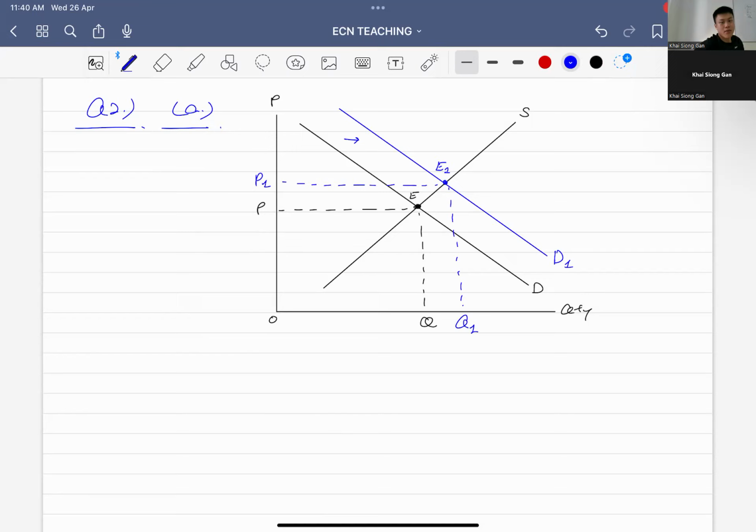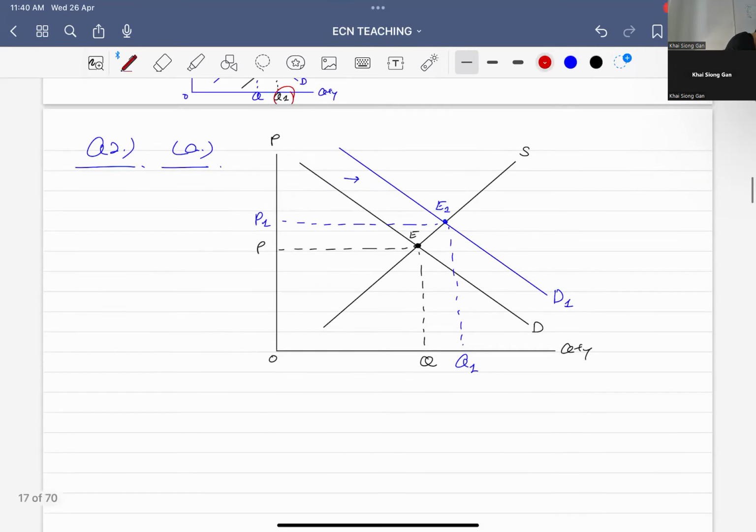So that's the first part, an increase in demand curve. Then a decrease in supply. Because now we have an assumption, supply shifts way larger than demand. So supply decreases by a lot, like this. Supply shifts a lot, shifts leftwards.